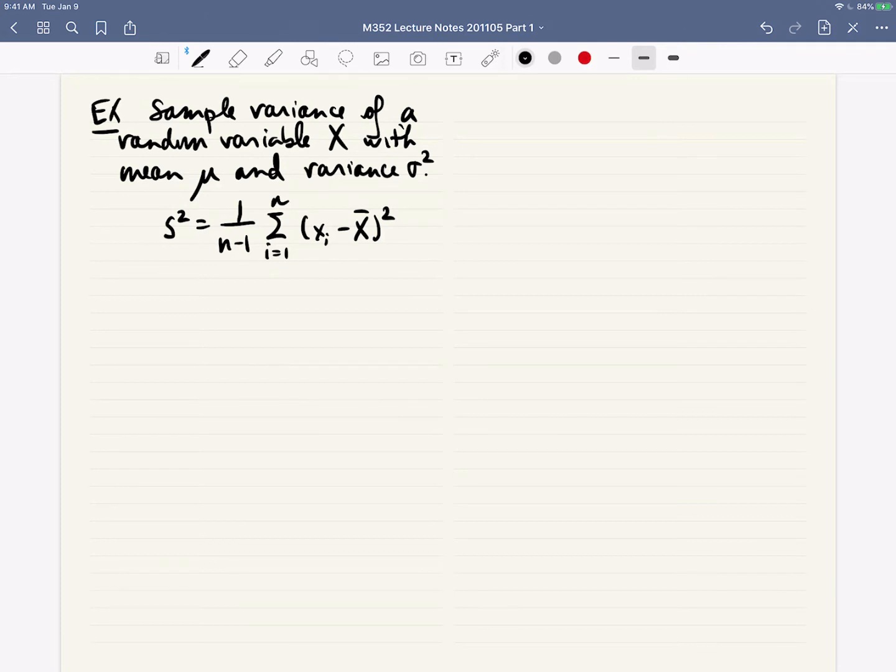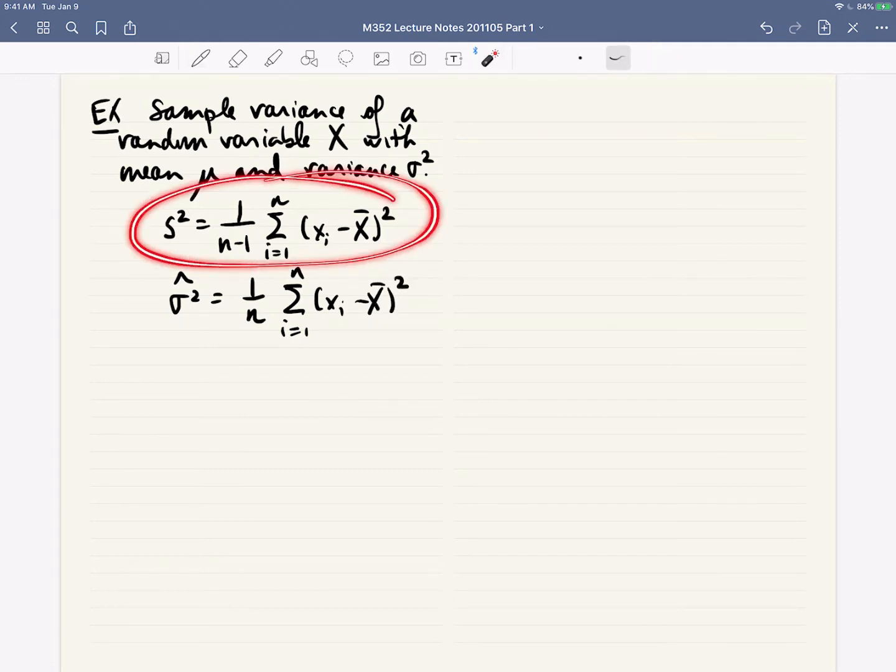This is the definition that we took earlier on in the course, and I noted we're dividing by n minus 1 and not n. A person could say, well, let's define a different estimator for our variance, where we actually divide by n instead of n minus 1.